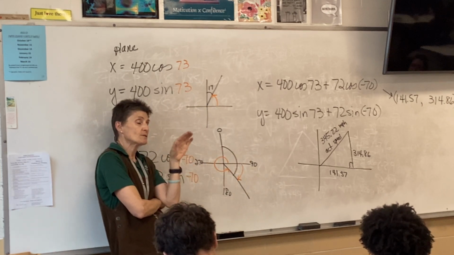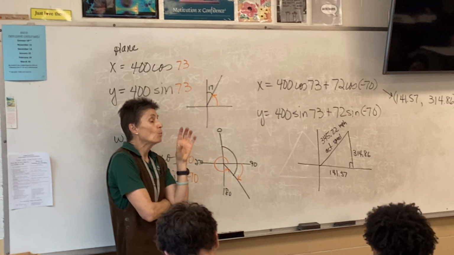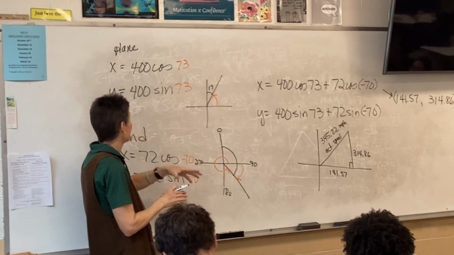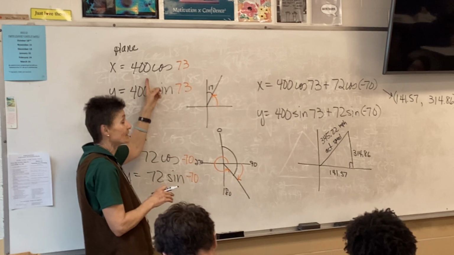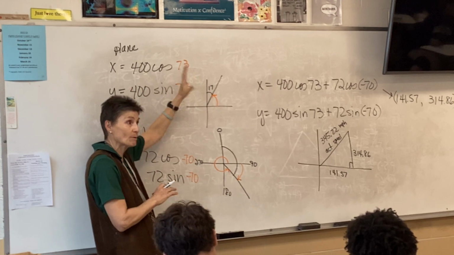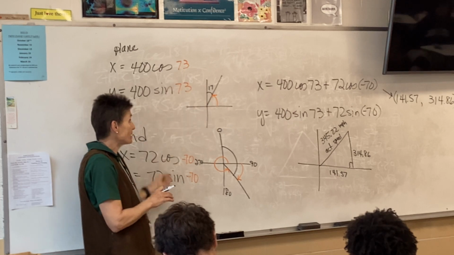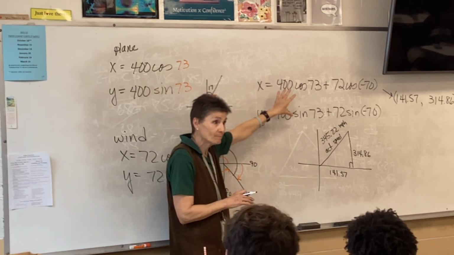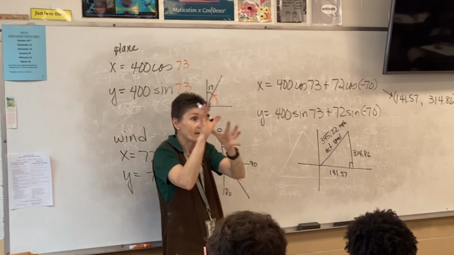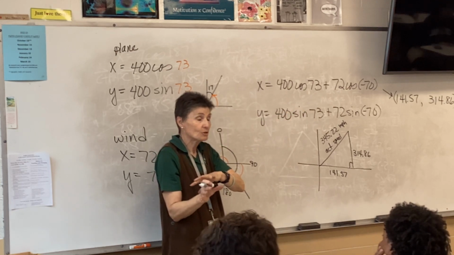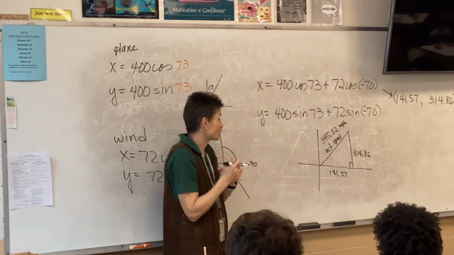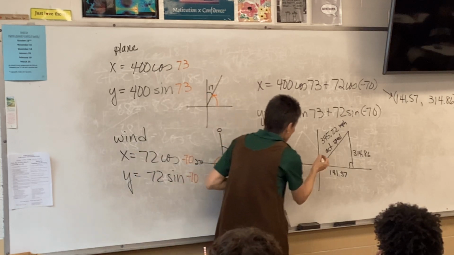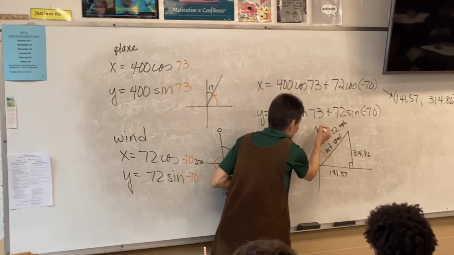Okay, now here's the deal, kids. The original problem started in terms of magnitude and direction, right? That's how it started. I changed that into the component form so that I could add them together. So now I gotta change it back to its magnitude and direction. So what's the direction? Well, technically, the direction's gonna be right here, right? Because we measure from due north.